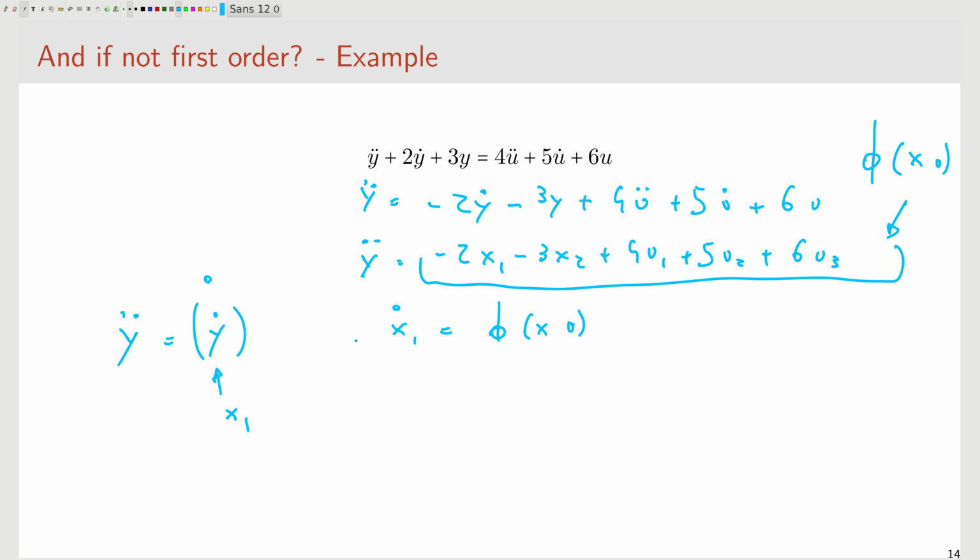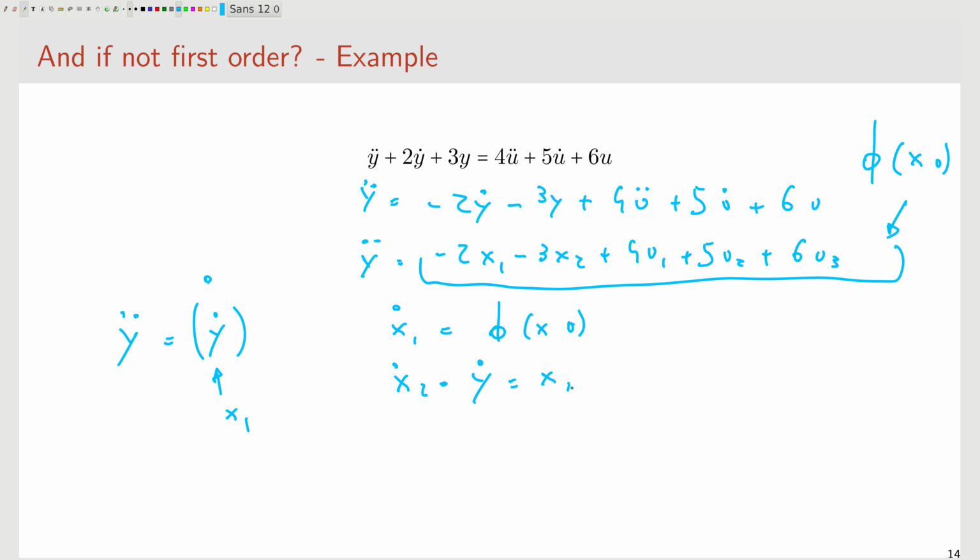Then what do we have? We have x2 dot, which is equal to what? x2 dot is equal to y double dot, which is equal to x1.